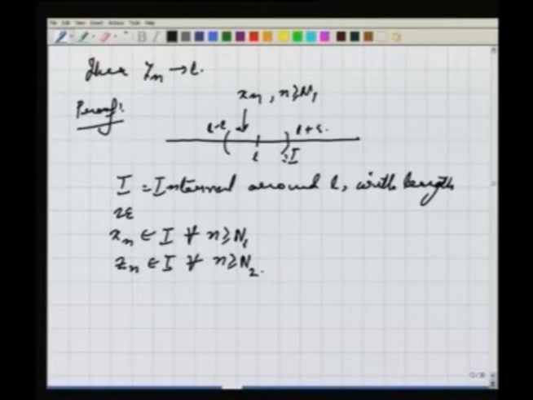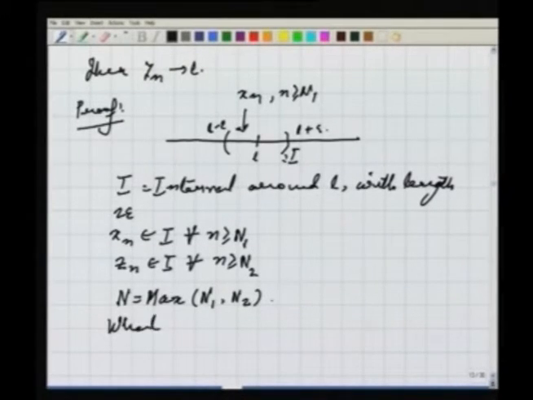That is the stage for the sequence zn, so that after this stage zn belongs to I. Now, if I define N to be equal to the maximum of n1 and n2, what happens if n is bigger than capital N?